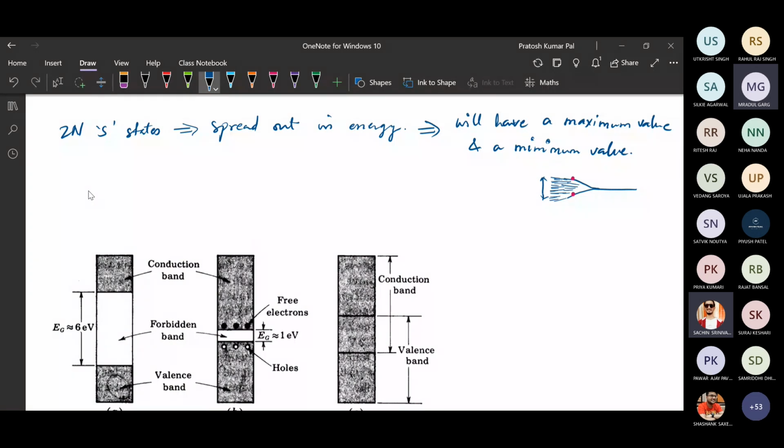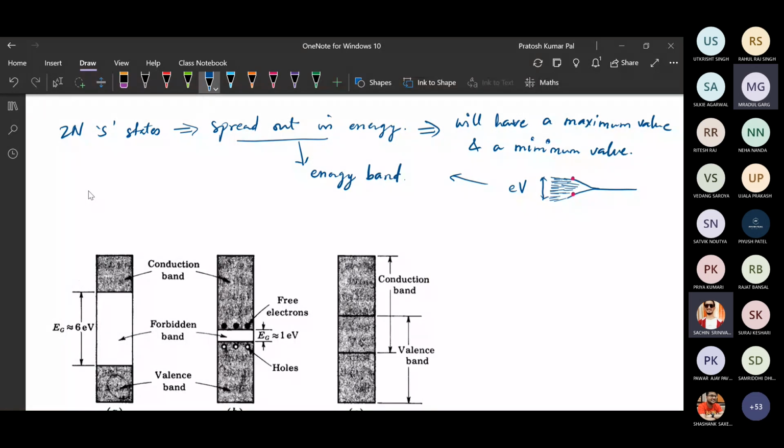That energy spread will be in electron volts. So this maxima and minima will have a range that will be in electron volts. These energy levels are called energy bands. So this spread results in an energy band.